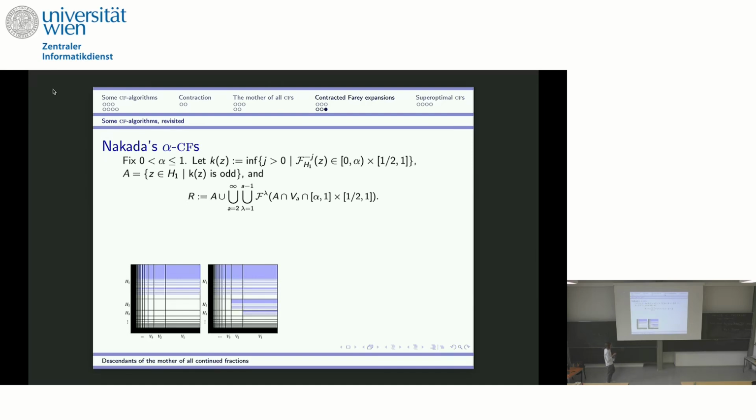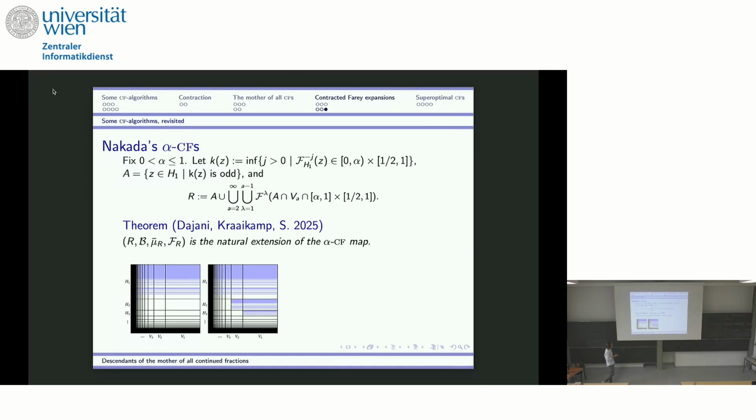Essentially what you're doing is you're taking the region A, cutting it along the line x equals alpha. So in this case, alpha equals 1/4. We're cutting it along this line. We take everything to the right of our cut and push it down and to the right as many times as possible with the map script f, with the natural extension of the Farey map.